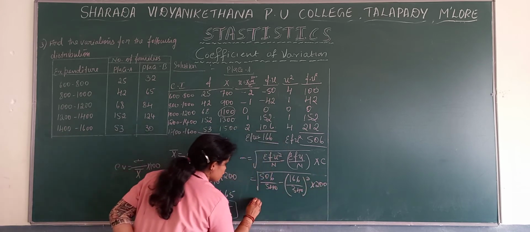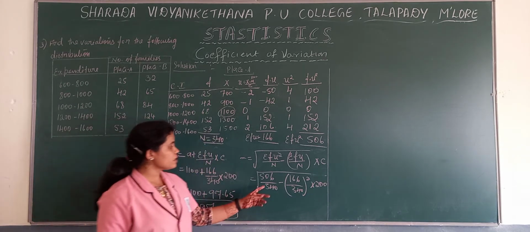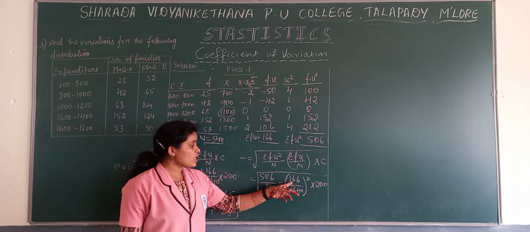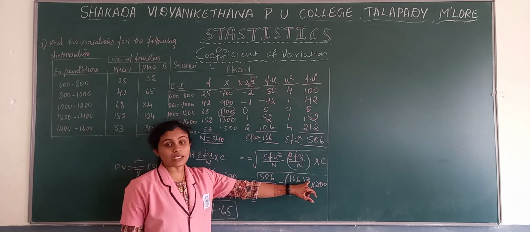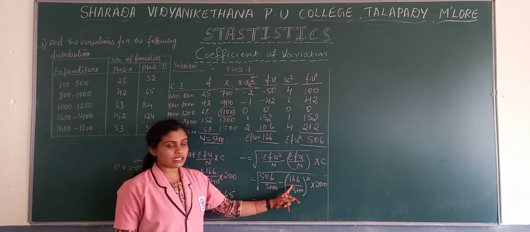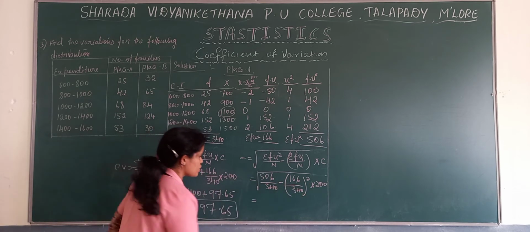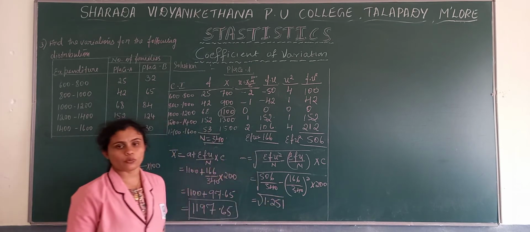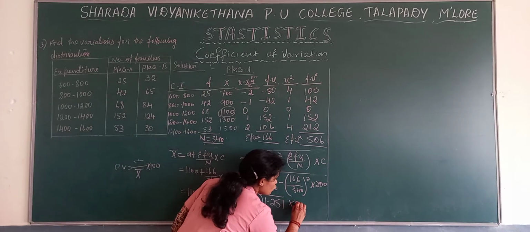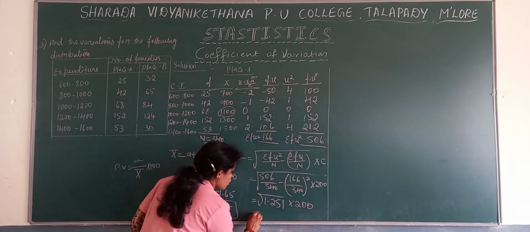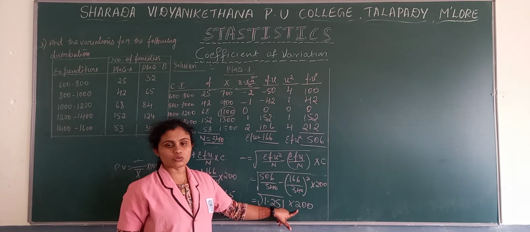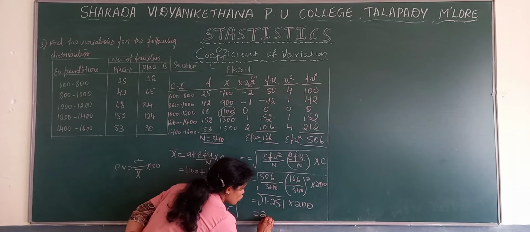We do 506 divided by 340 and then 166 divided by 340 squared, and then after that take the root of 1.251 and multiply with 200.